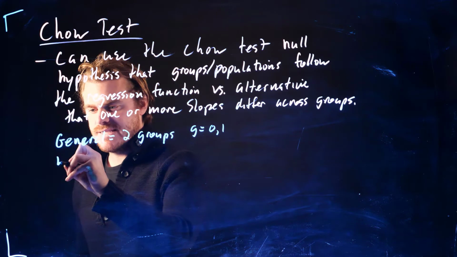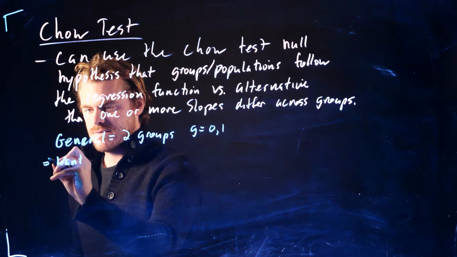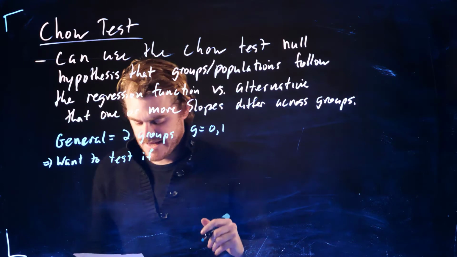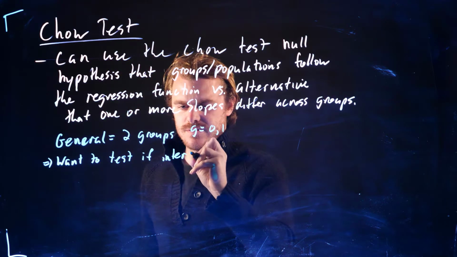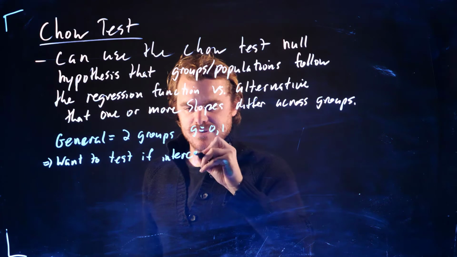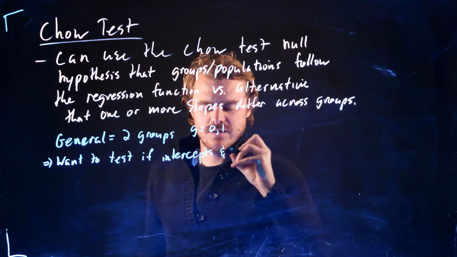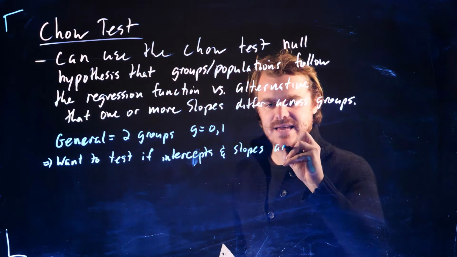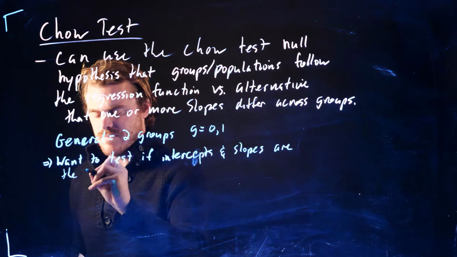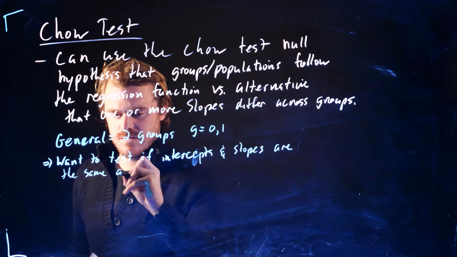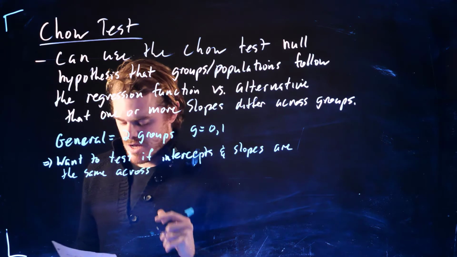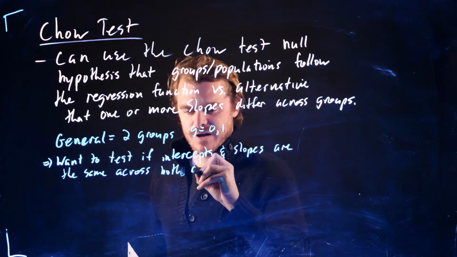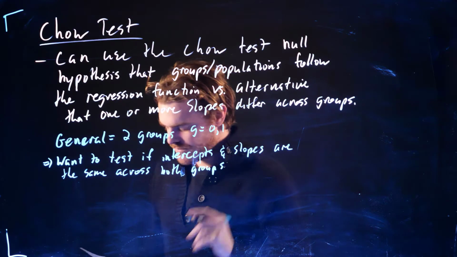And let's say we want to test if intercepts and slopes are the same across both groups.